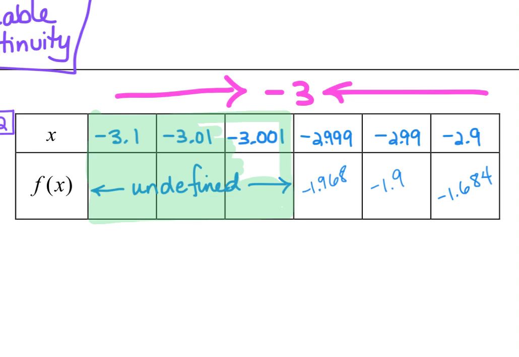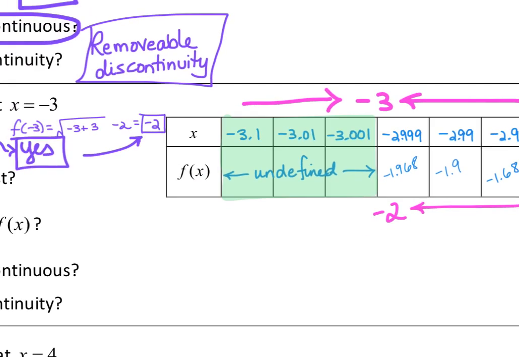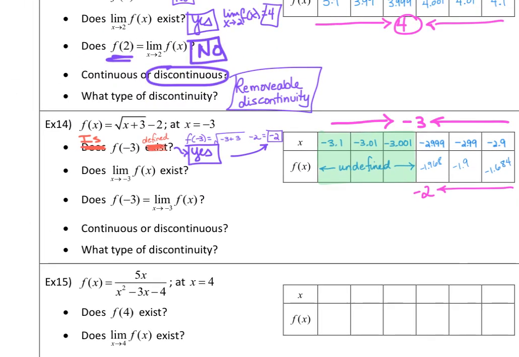So the function is undefined to the left of -3, but to the right of -3, the limit clearly goes to -2. So as x approaches -3 from the right, the limit goes to -2. Well, since the left-hand limit does not equal the right-hand limit, then the limit does not exist.